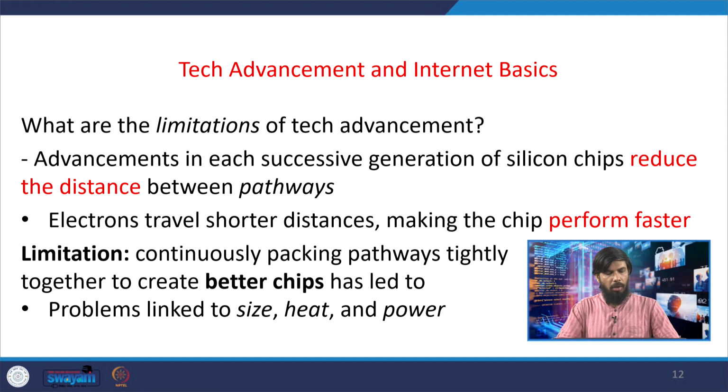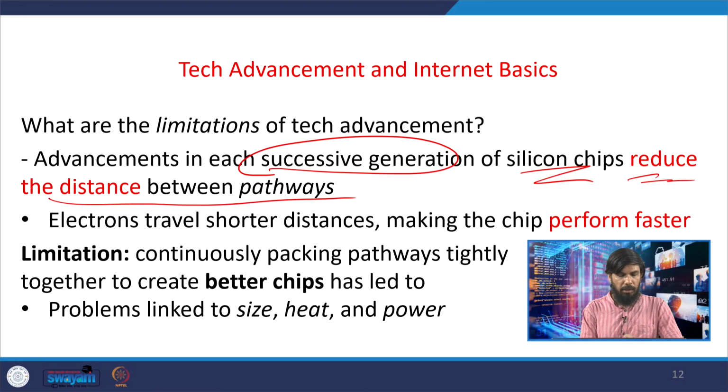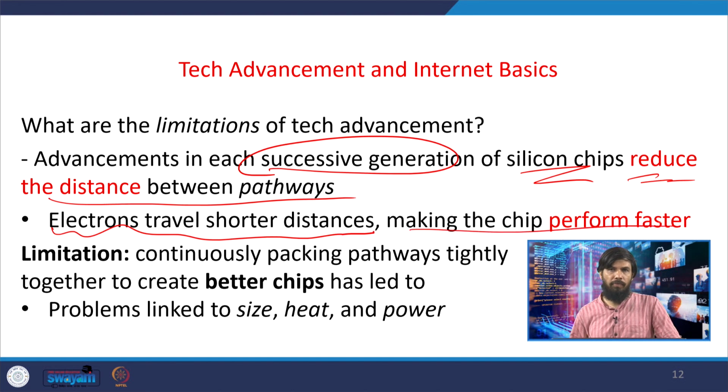Now we move to our next question: what are the limitations of tech advancement? With every successive generation of silicon chips, the distance between pathways within the chips is reduced. So electrons travel shorter distances, and because of that the chip performs faster.